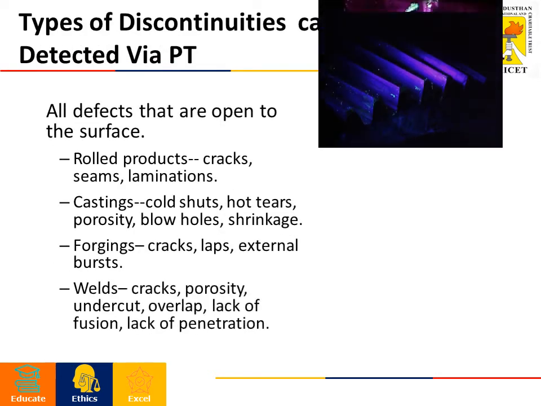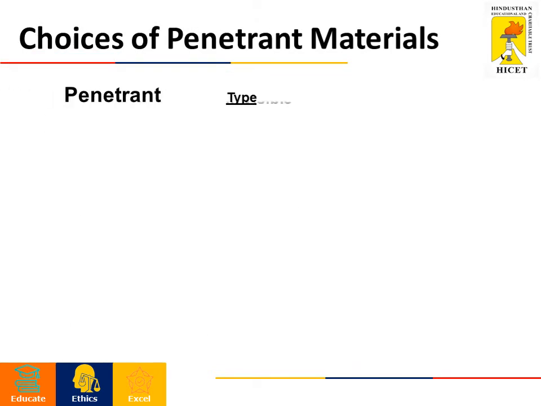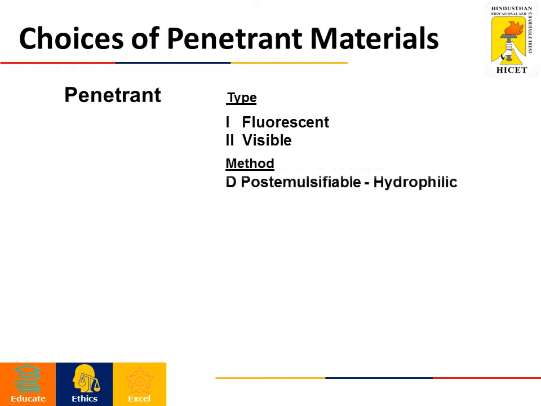What defects can we find? Mostly all defects: mainly rolled product cracks, casting hot tears, forging cracks, and welding cracks we can find easily. What are the choices of penetrant material?